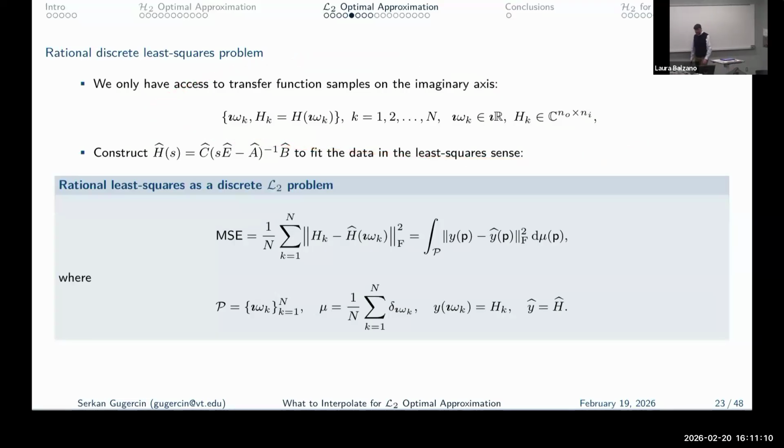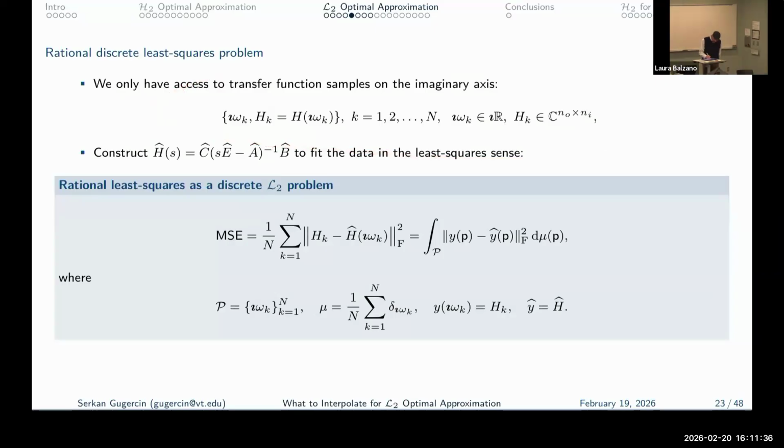So here is a very common setting that I work in a lot. I collaborate a lot with mechanical engineering colleagues from structural dynamics, and we can measure transfer function samples at frequencies. We shake structures, and we can hit them with a hammer, then you have some input-output data, you do some transformations, and you get the frequency response data. It's a very common problem that appears in structural dynamics in my line of work.